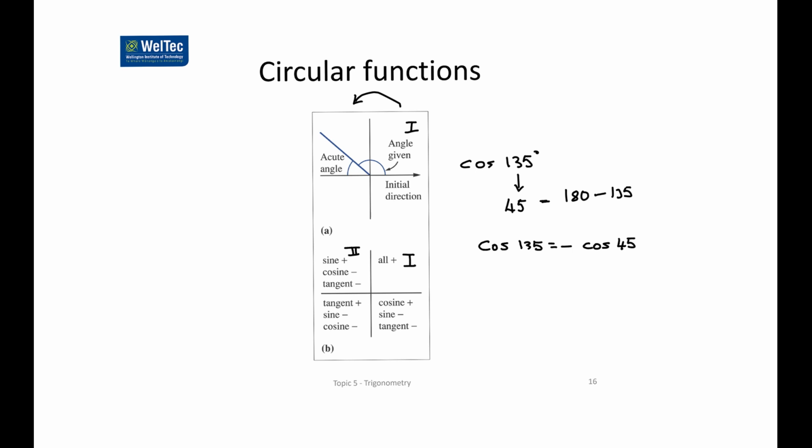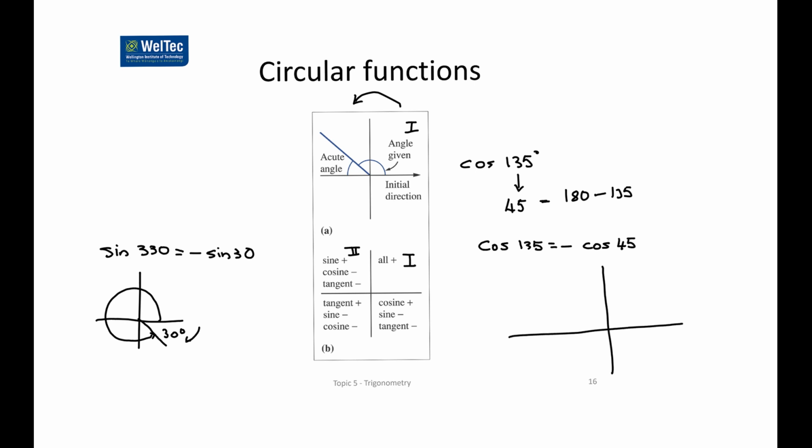Similarly, if we were looking at sine 330, 330 goes all the way around to about there, and that angle there must be 30. So we could go backwards and say that sine 330 is equal to negative sine 30. Just remember that when we're talking about these acute angles, we're talking in the butterfly shape.